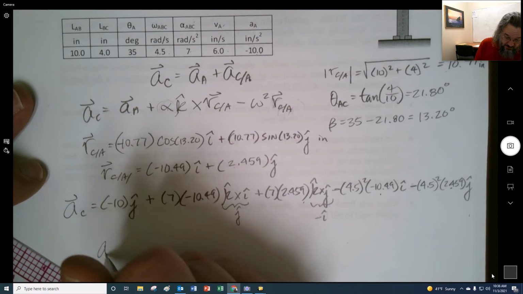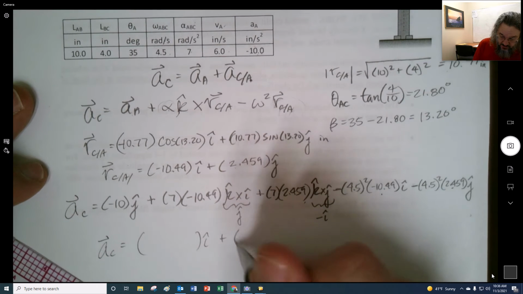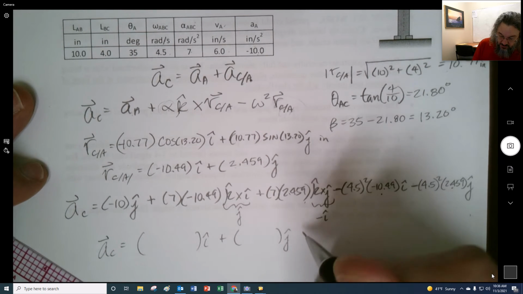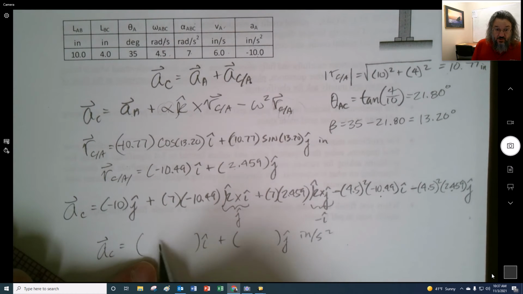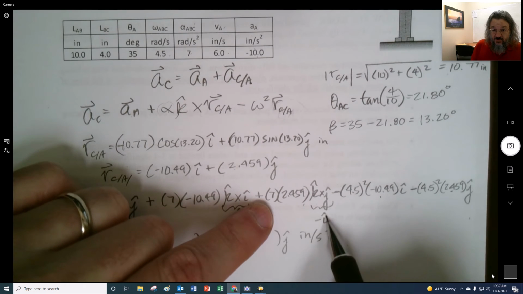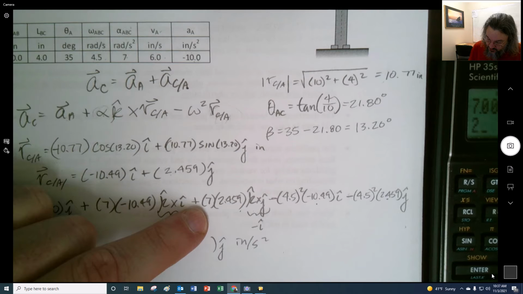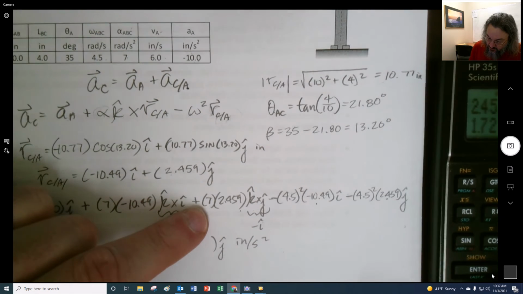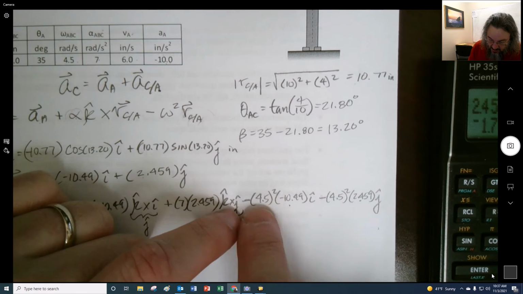So now what we need to do is just find what our things are here. Okay, so there's a J, here's an I. We have negative right here. So we take 7 times 2.459, and that's negative. And then this is negative, but that's negative, right?